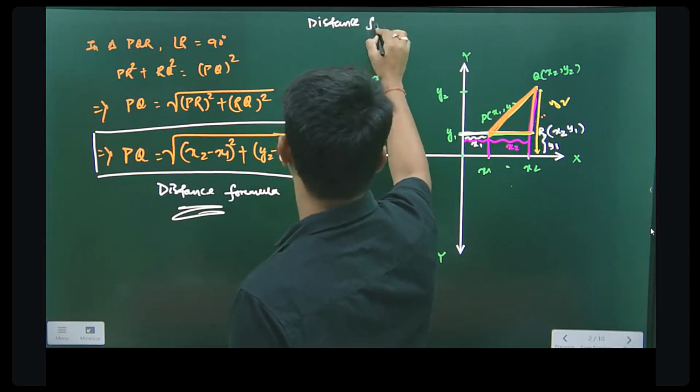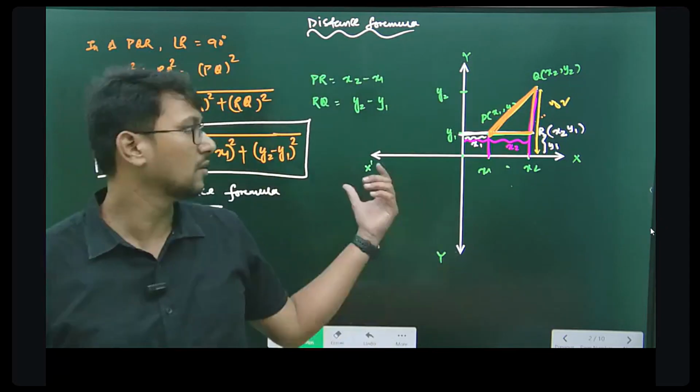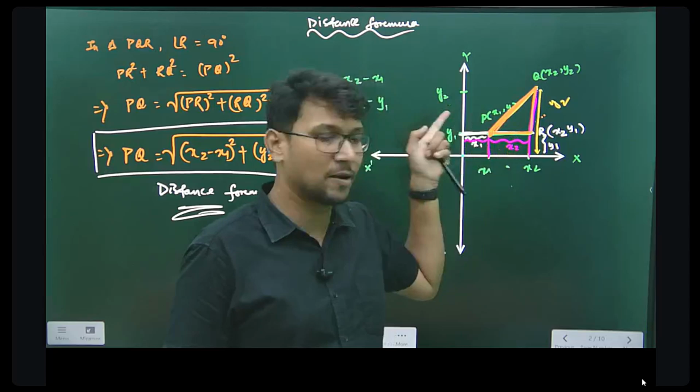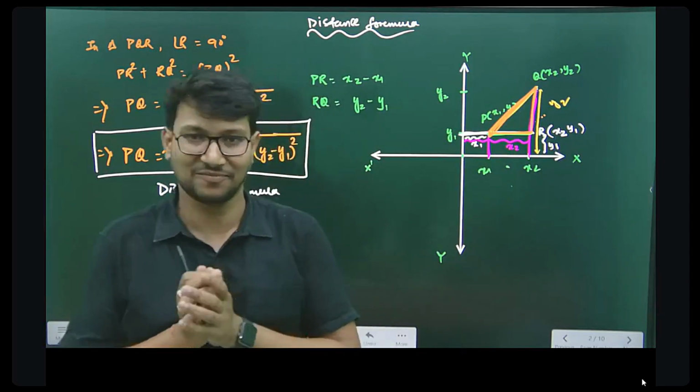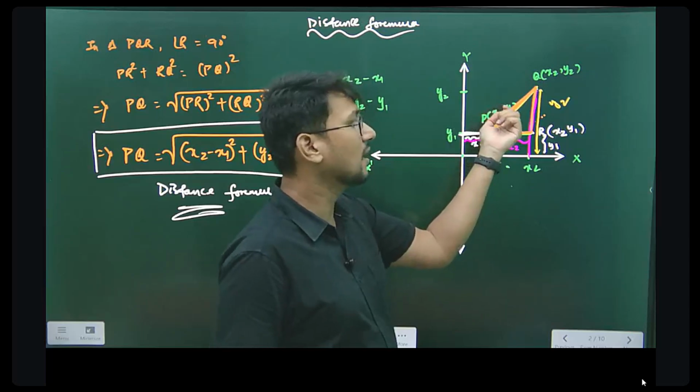Distance formula. Okay, clear? Let's go, write it here. You have to draw that figure. Yes, you have to do that one. So are you clear, this point is what, x1 and y1, right?